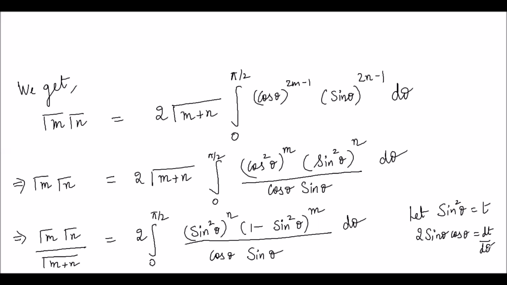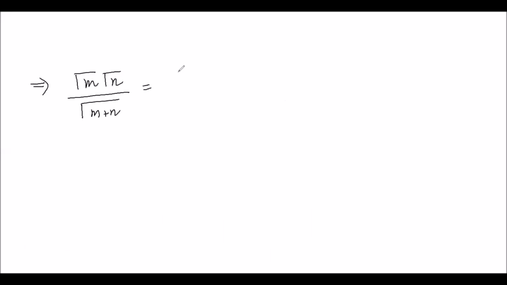So let us convert the right hand side in terms of t with this substitution. It will reduce to 2 here. The new limits are 0 and 1. Sin square theta is t, so it will be t raised to power m. 1 minus sin square theta is 1 minus t raised to power n.